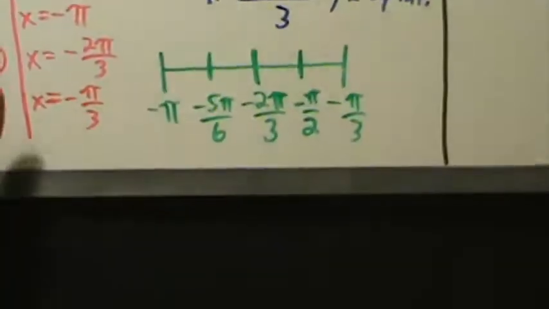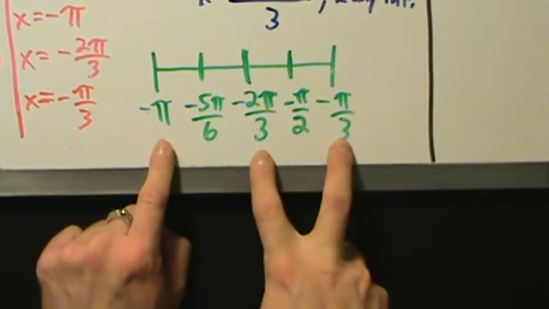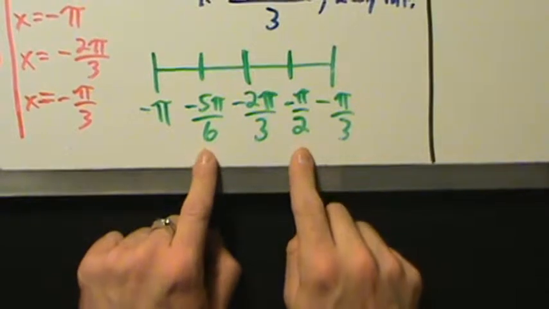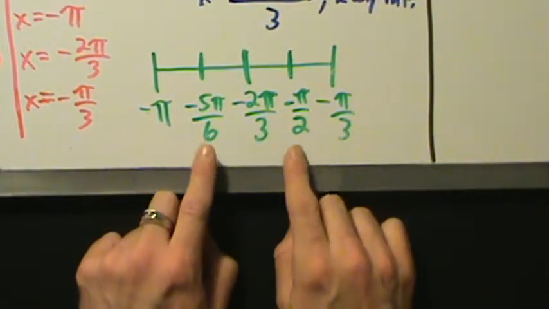In step 3, we already had the 3 x values from the previous step, because that's where the asymptotes are, and then we found both of these x values. Now we're going to evaluate the function at the x values we found in that step.